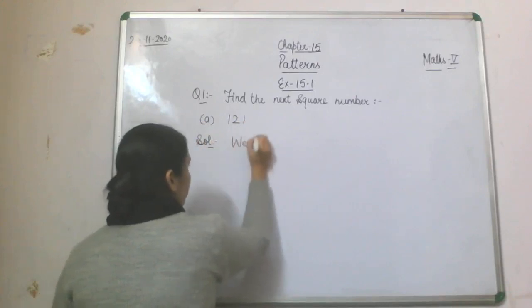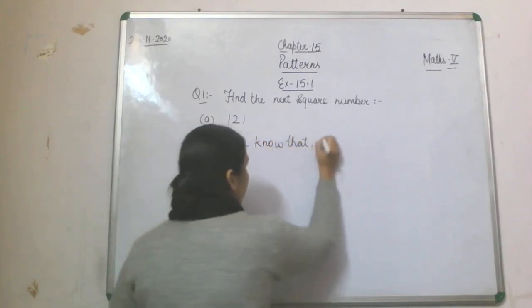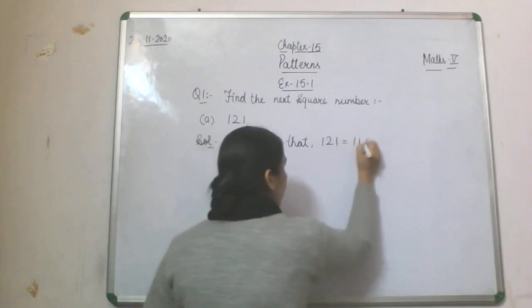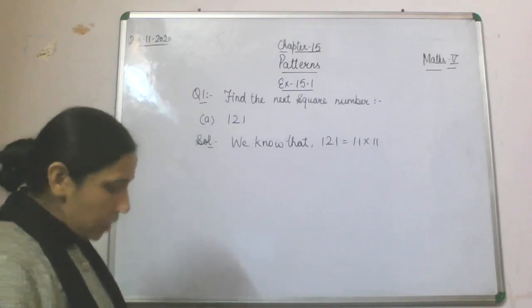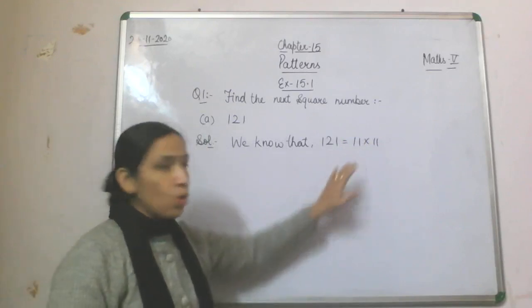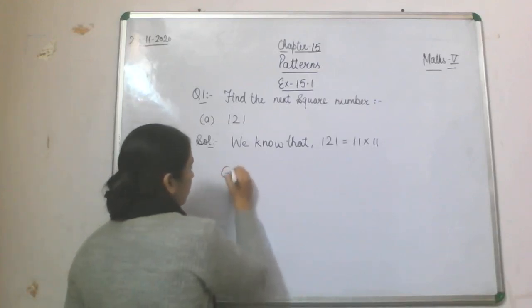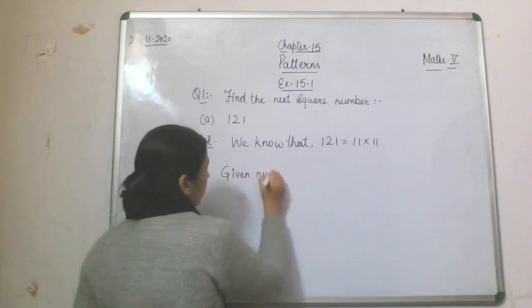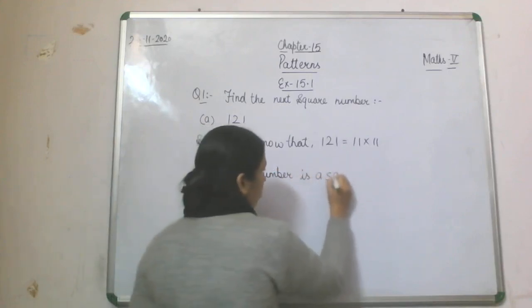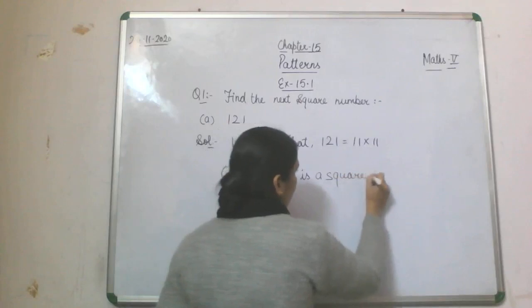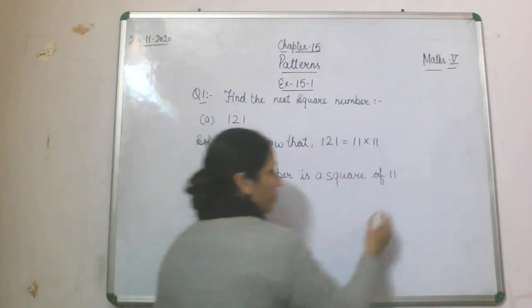So what do we know? That 121 is equal to 11 multiplied by 11. Fine. We know that 121 is a square of 11. The given number is a square of 11.